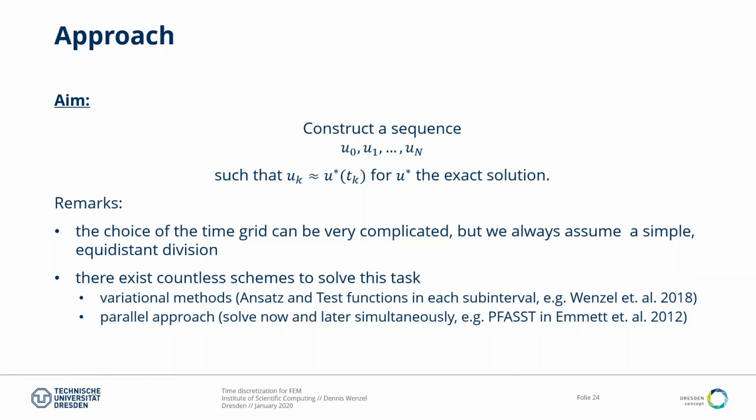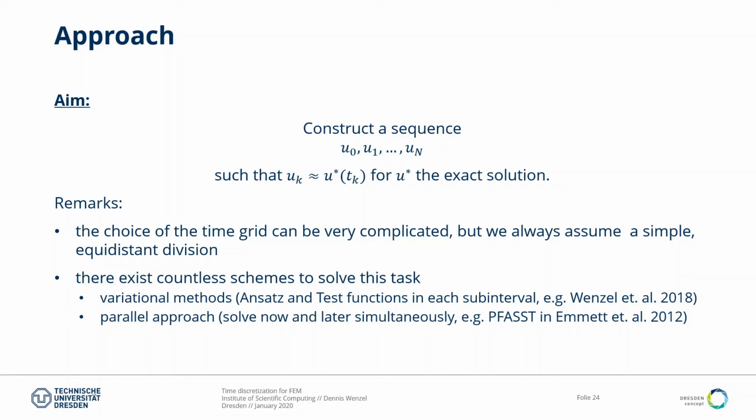Firstly, some maybe less familiar approaches. There exist variational methods. The concept is to consider your subintervals, and on each subinterval do an ansatz like a finite element method with ansatz functions and test functions, and use this to get your approximate solution in each subinterval.